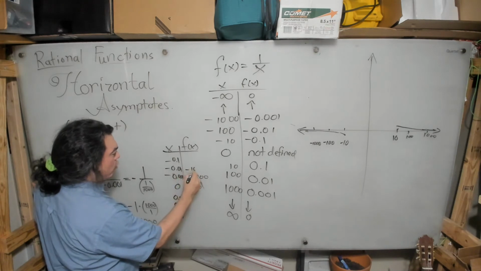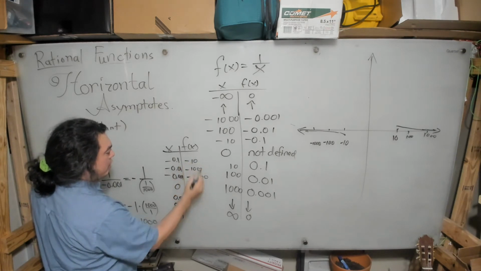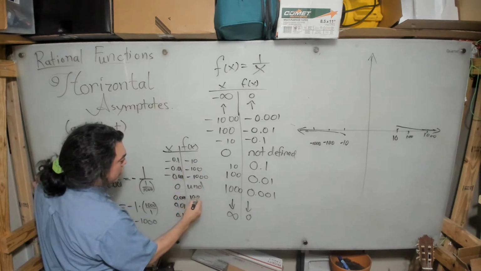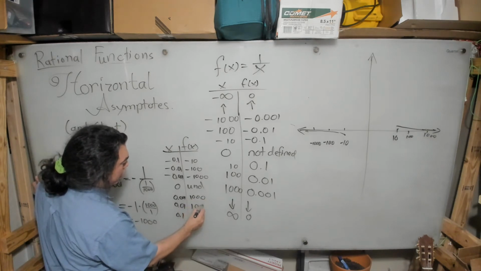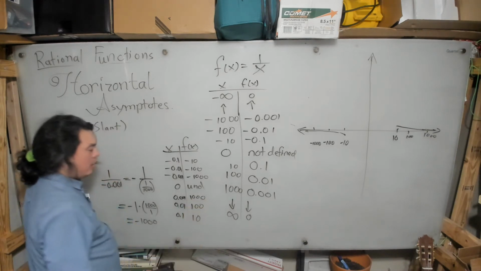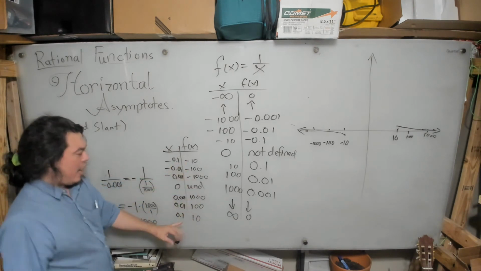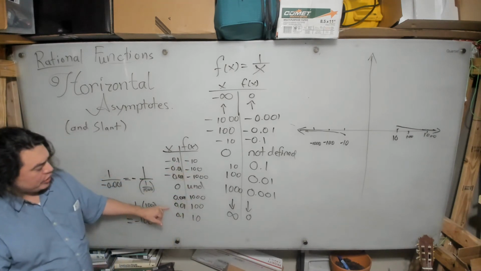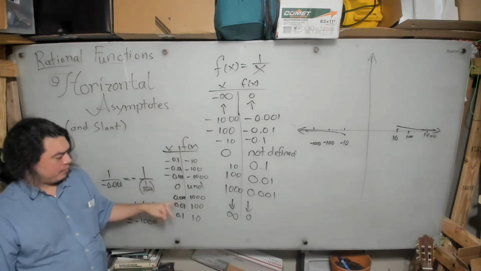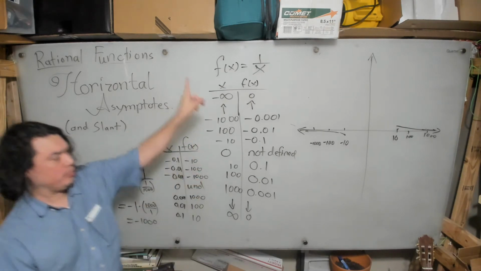Following the same kind of reasoning, I can see this is negative 1,000. This is negative 100. This is negative 10. This is 1,000. This is 100. This is 10. If you do this kind of procedure with all of these, you will get these values. And you can see, as I get closer to 0 from the right-hand side, the y values are shooting upwards.